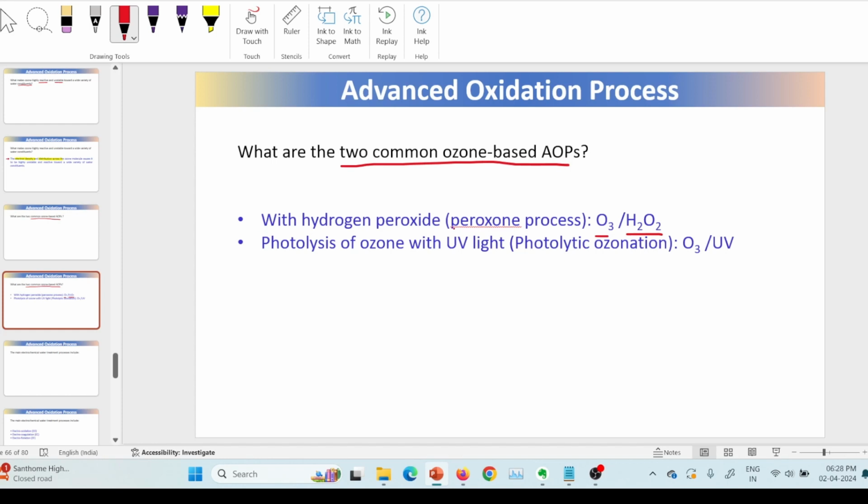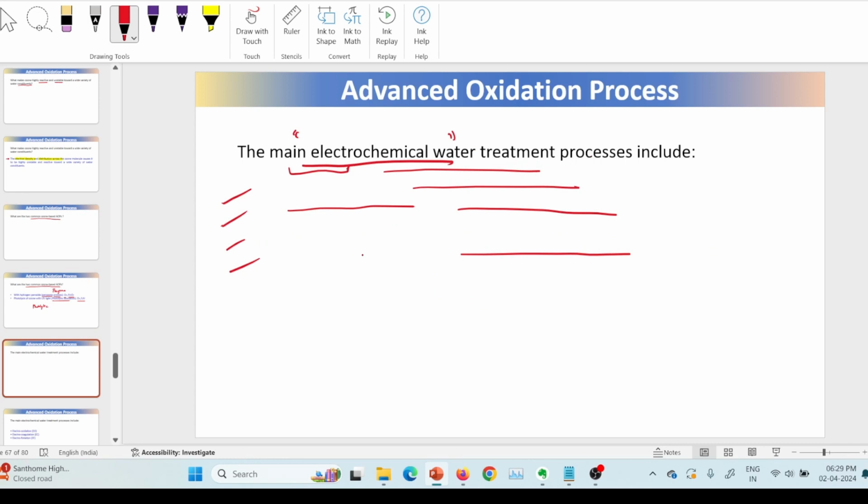This is called the peroxone process. Another one is photolysis of ozone with UV. When ozone is used with UV, it is called photolytic ozonation.